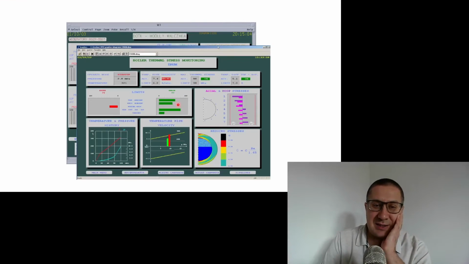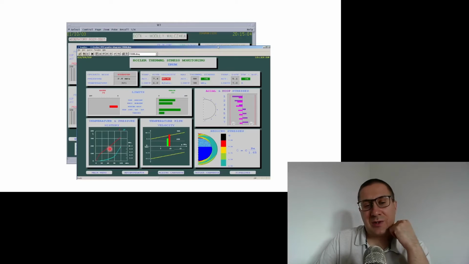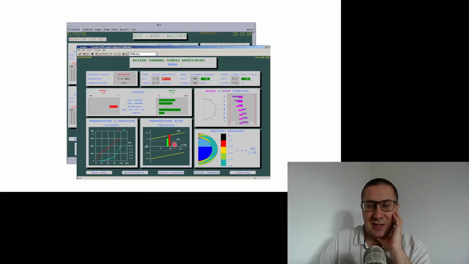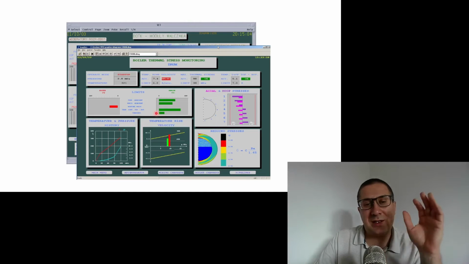We can present characteristics, where we are, where is the process point on top of the characteristic, what are the stresses, for instance, calculated by some external methods, some bar plots. So this is possible to create in such a control system.